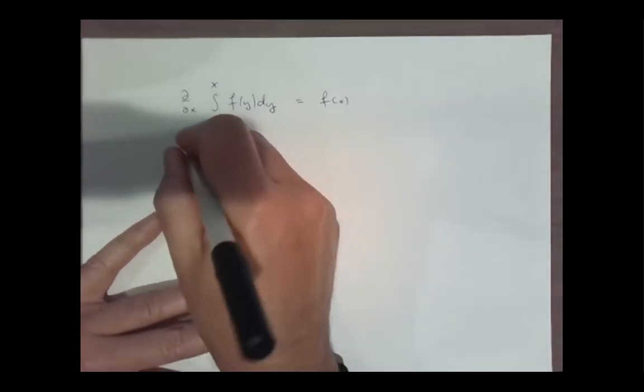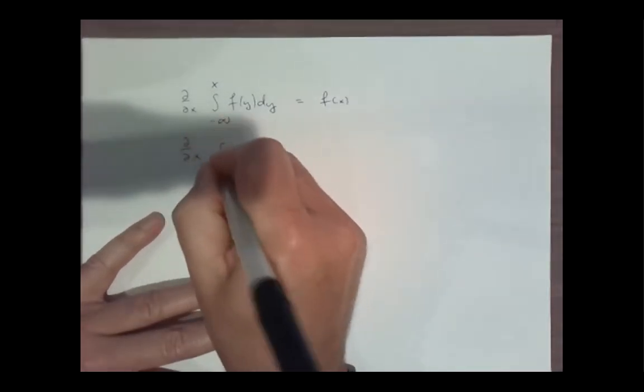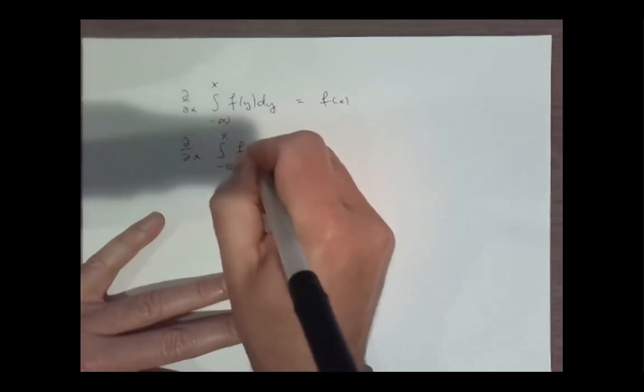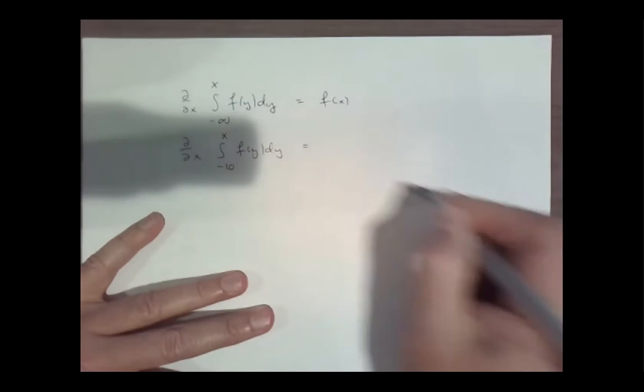And so if I take the derivative instead from, say, minus 10 to x, f of y dy, what would you get here? I would say the same thing. Yes.